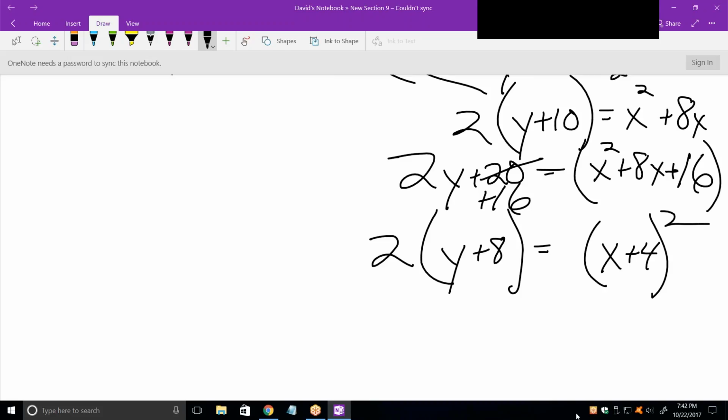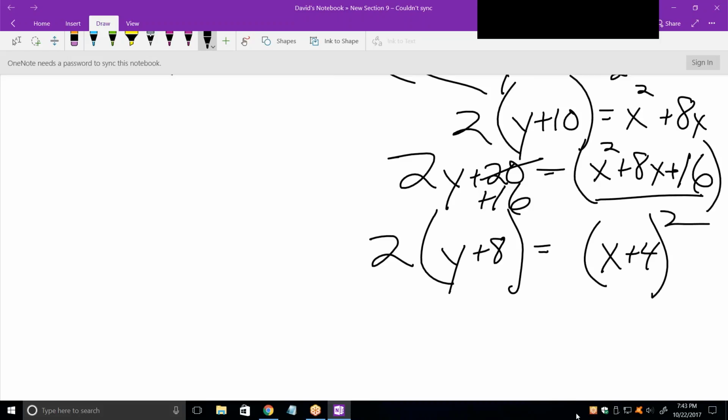There's lots of times when you want to complete the square. It's not just when you're dealing with parabolas. Most any conic section, you need to complete the square. The whole reason for completing the square is so you can take a quadratic and represent it as a binomial term squared, which is exactly what that is.